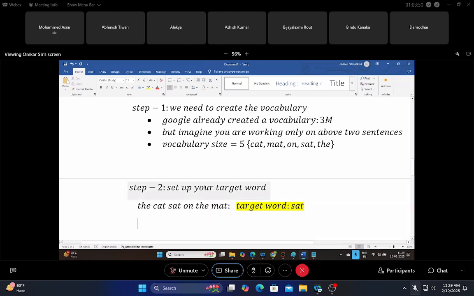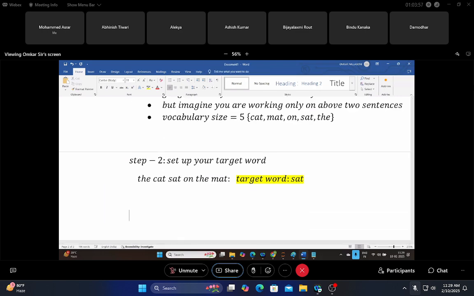Now step 3. This is a very important step. We need to create our n-gram.